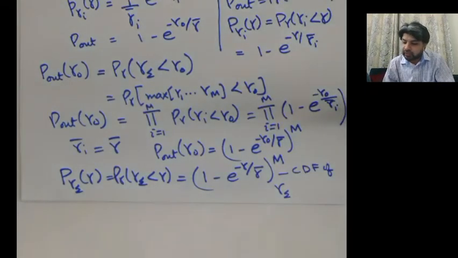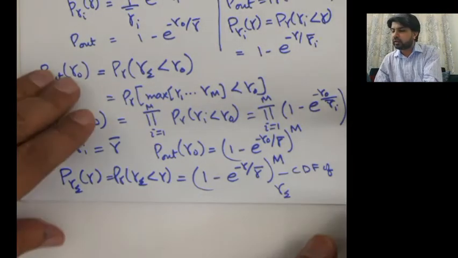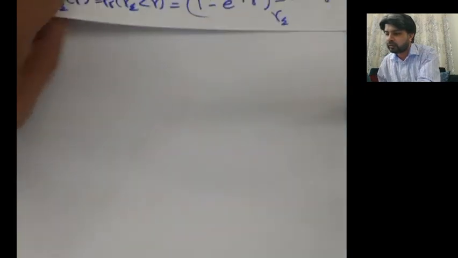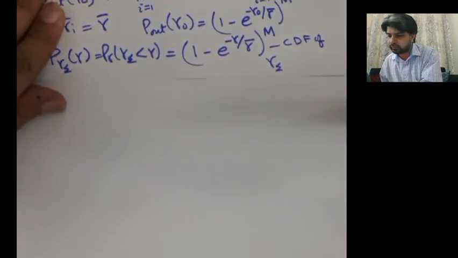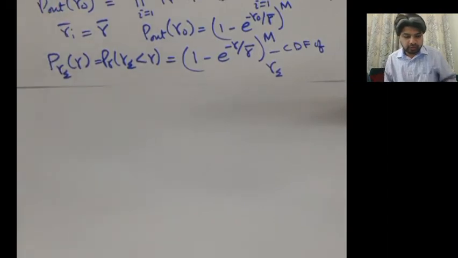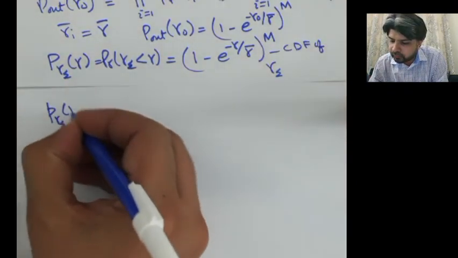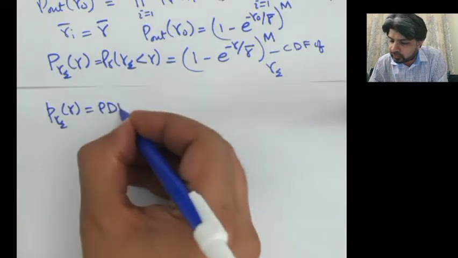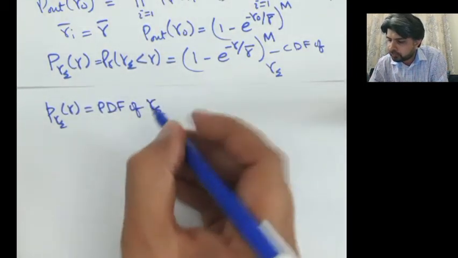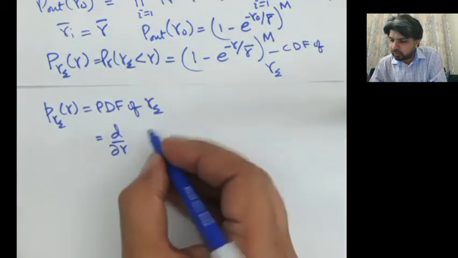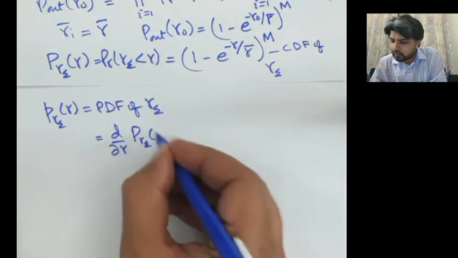Now once we have the CDF of the Rayleigh fading, we can take the derivative of this with respect to gamma to compute the PDF, right? So let's try to do that. P gamma sigma of gamma, which is the probability density function of gamma sigma, would be equal to d by d gamma of the CDF P gamma sigma of gamma.